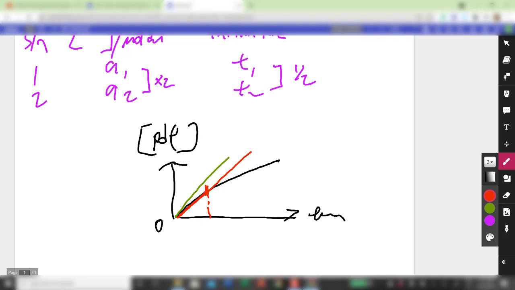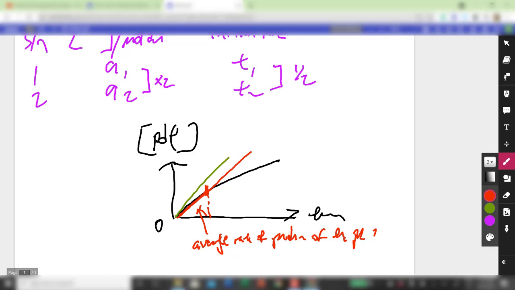Okay, so in this case, what I'm getting here is what we call the average rate of production of the product. Okay, you notice that if the time is as short as possible, then the red line will be a good proxy to the green line. And this is the basis of clock reactions.